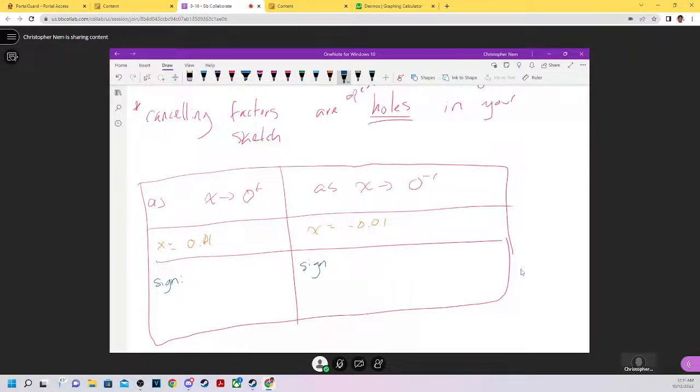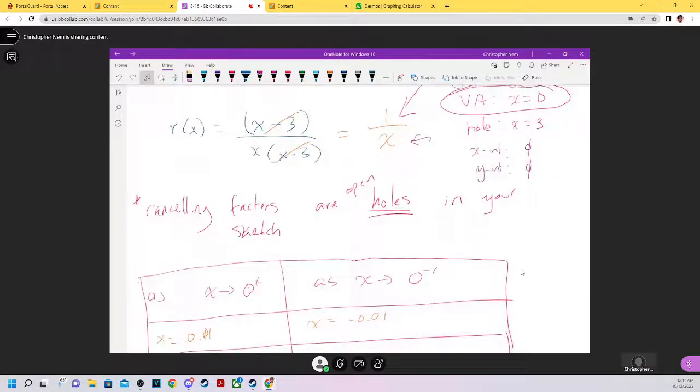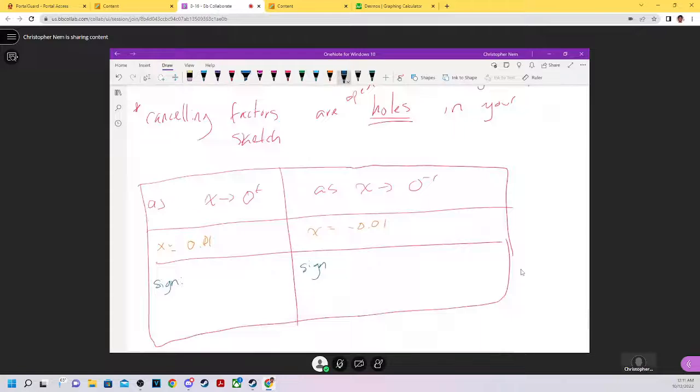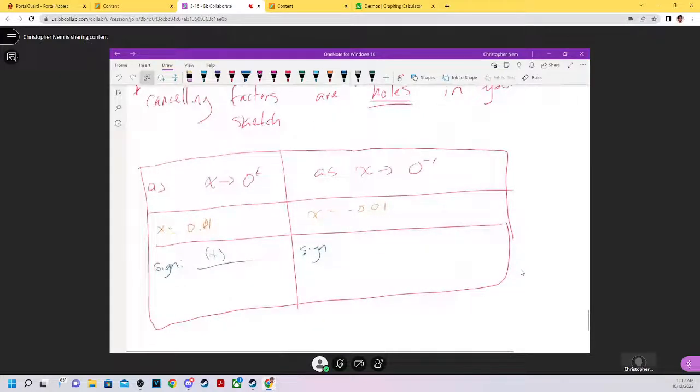If I were to plug in 0.01 to my function, you can choose, do you want to plug it into the top or bottom? It doesn't really matter in our case. You'll get the same results. So I'm going to plug it into my new function because that's much easier to deal with. If I plug 0.01 into my new function, that means the sign is going to be, the numerator is going to be positive because 1 is positive. And I'm going to divide that by a positive number.